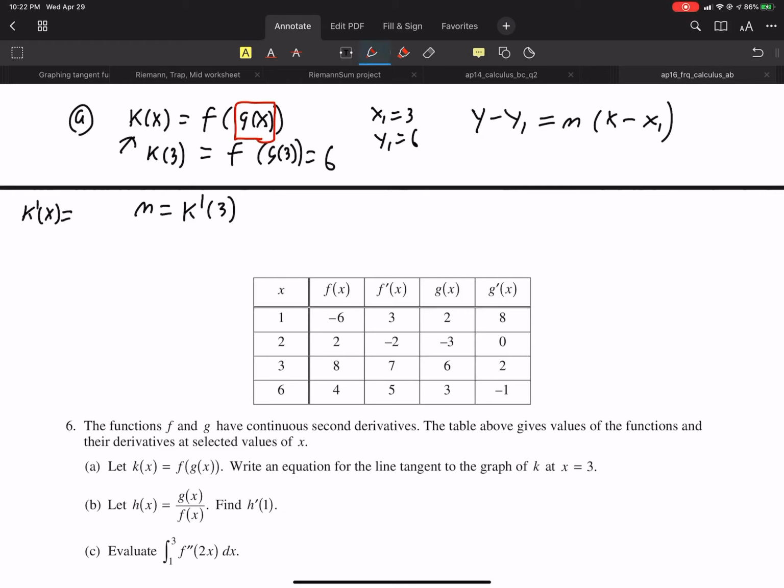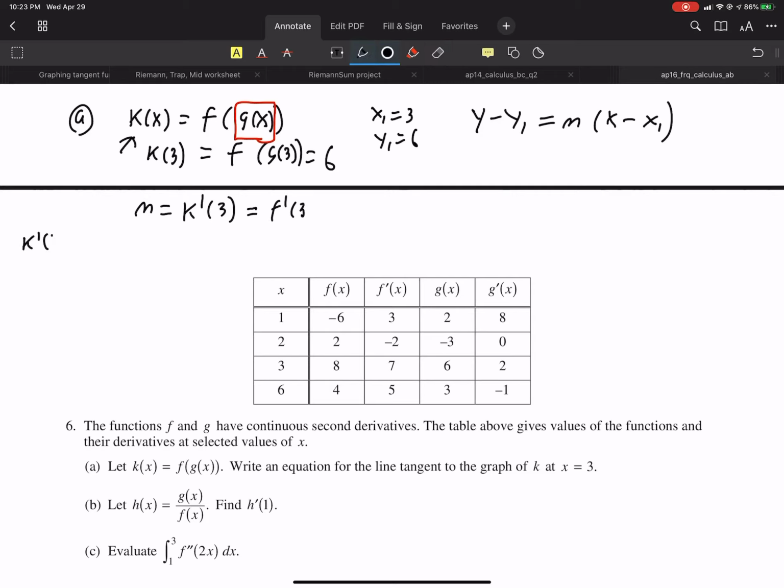That's going to be f prime of box times the derivative of box, but the derivative of g is just g prime of x. So k prime of 3 will be f prime of box. Yoshida messed up. Back up. Let's do this all over again.